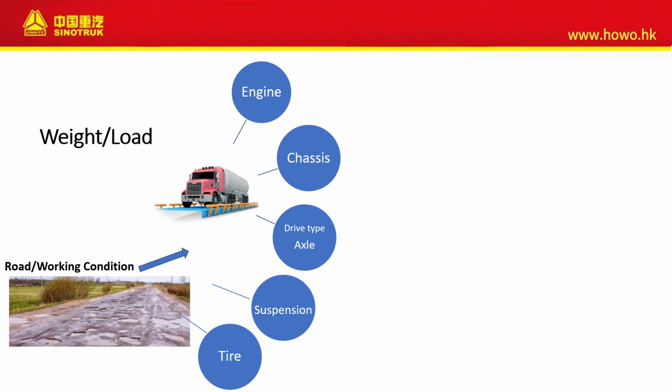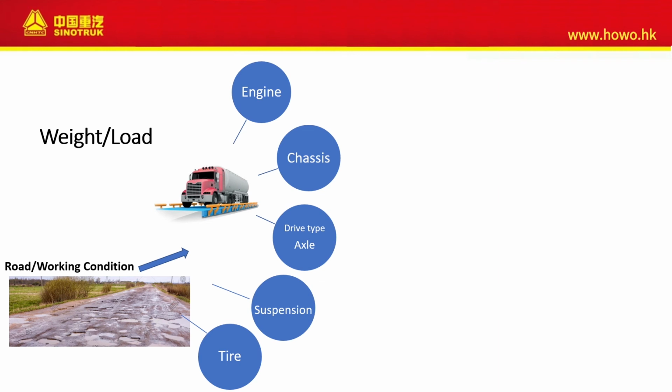If the road condition is very bad, for example, you possibly need more leaf springs for the suspension on this road. And also the tire type, which is also important because the tires can be quickly worn in tough conditions, so you need to choose the correct tire type.